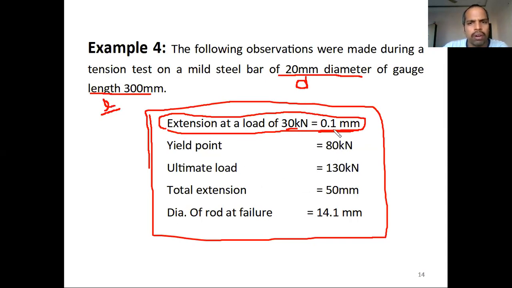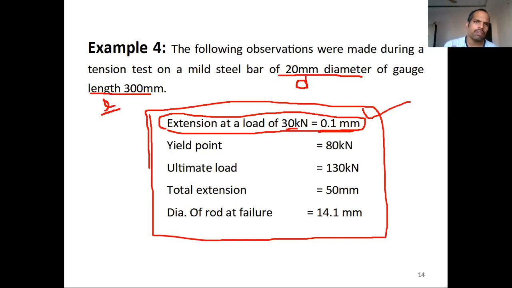But for Young's modulus calculation you have to think about how to calculate it. The extension at a load of 30 kilonewtons is 0.1. So the load is given and the extension is given. The gauge length is nothing but the initial length, and from the diameter you can calculate the initial, original area.